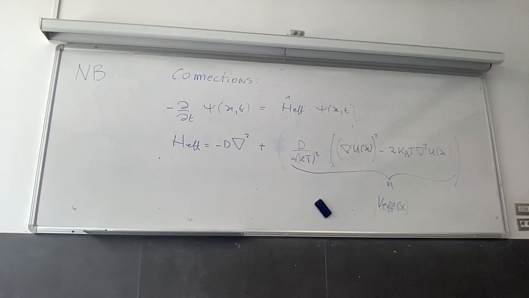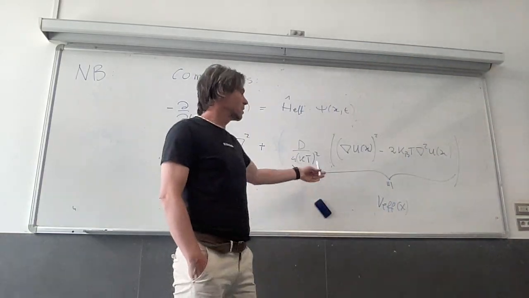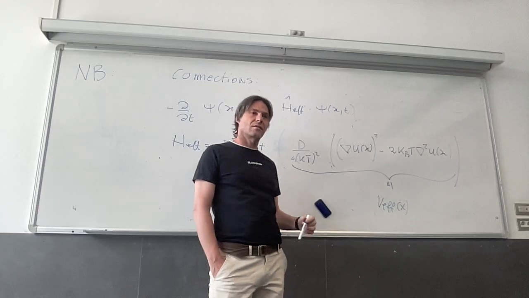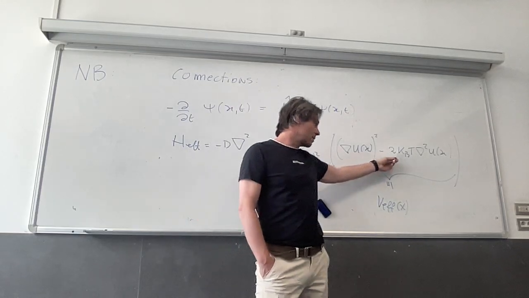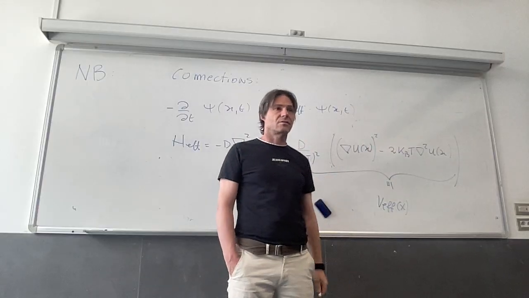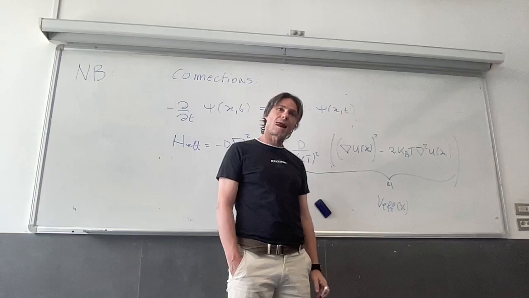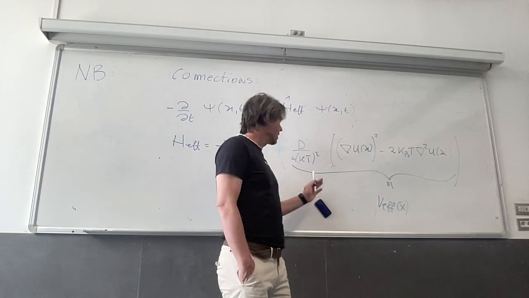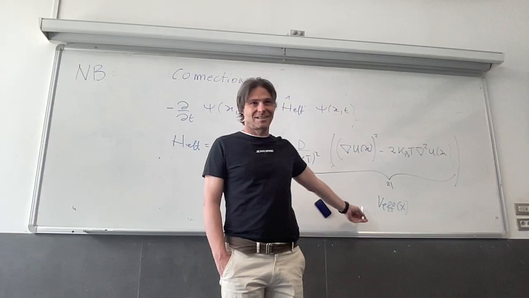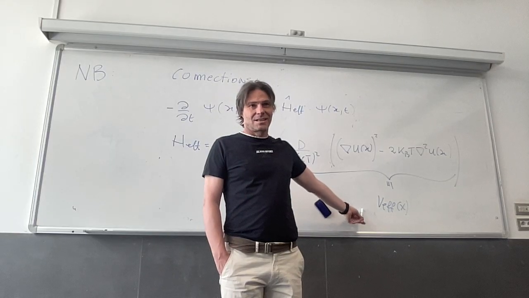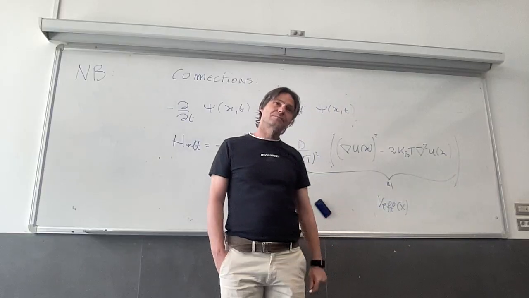You give me u, and I tell you what this weird combination D over 4kT squared times all this is. I could have written in terms of beta, but I want to emphasize this is subleading with respect to this in low temperature, which will come useful later. Okay? So this is, for all practical purposes, an effective potential. That's right. That's why I wrote that V effective.